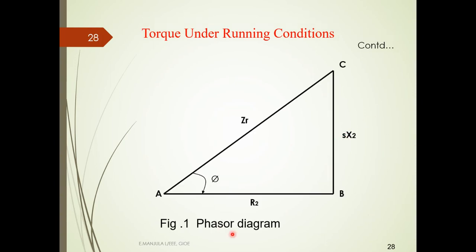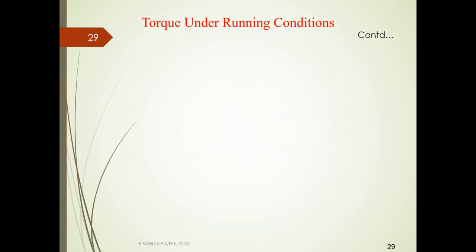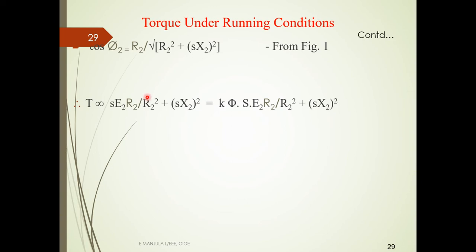This is SX2, this is R2, this is Z. So ZR equals the square root of R2 squared plus SX2 squared. This is a phasor diagram of impedance. So cos phi 2 is equal to R2 divided by Z, where Z is the square root of R2 squared plus SX2 whole squared.